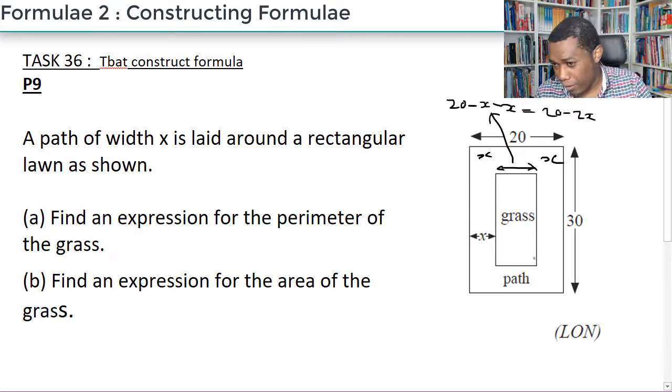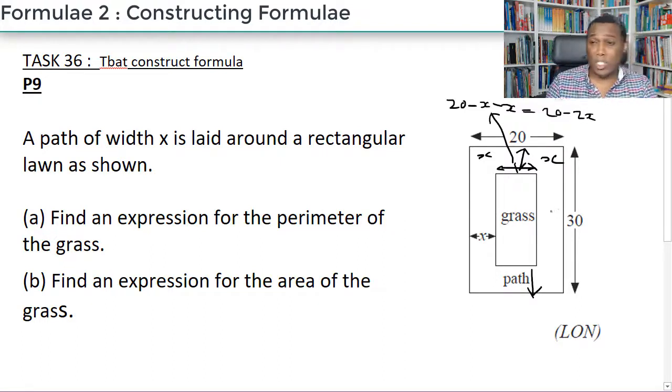Now for the length of the grass, again, we're working on the premise that it's x, because they don't tell you, but we'll work on that premise. Then it's going to be x taken out on both sides, which means that you have 30 take away 2x.